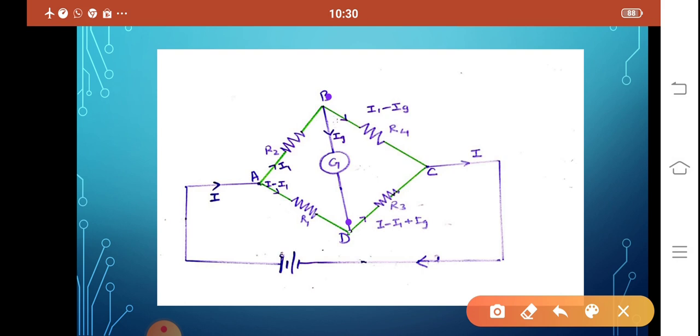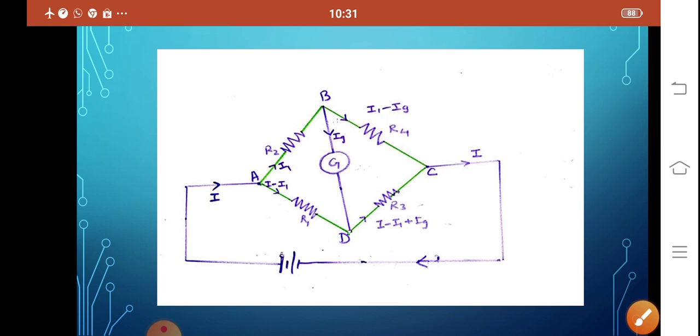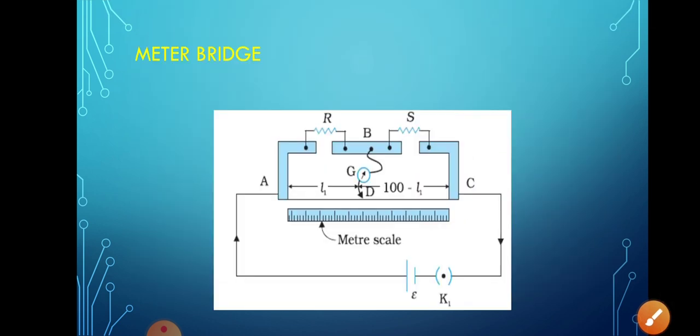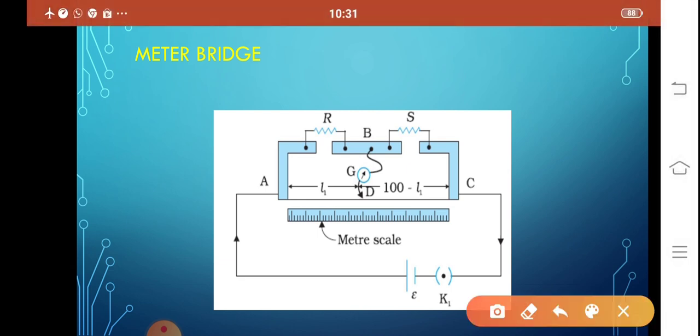So the same thing you can see in our meter bridge diagram. This B to D, one galvanometer is connected. Now it will become 4 arms, 1 arm this, 1 arm this. So we can say it will be like this.